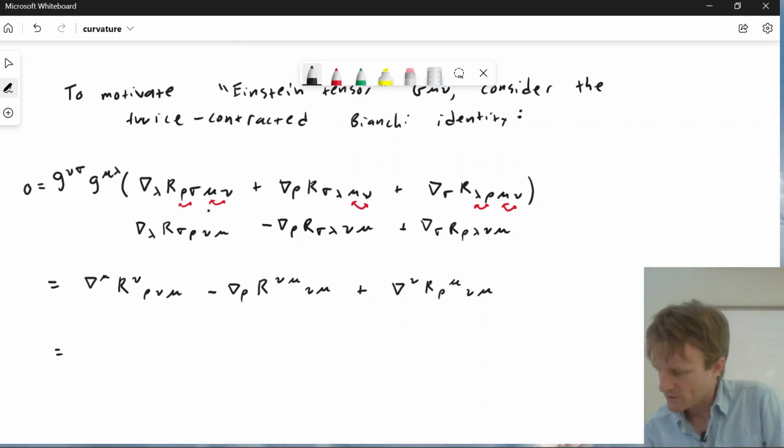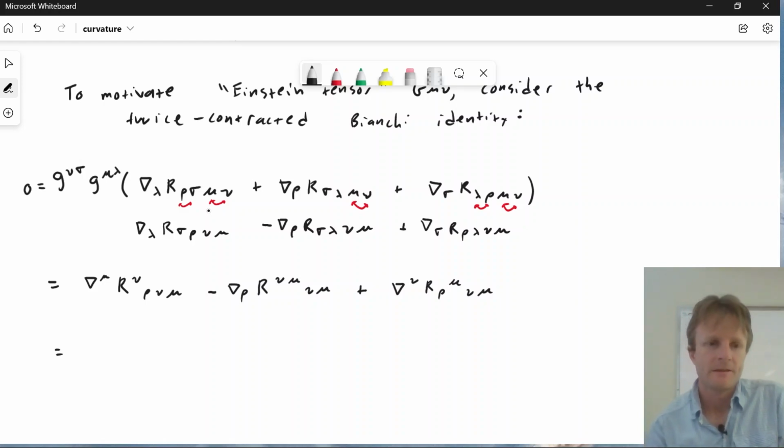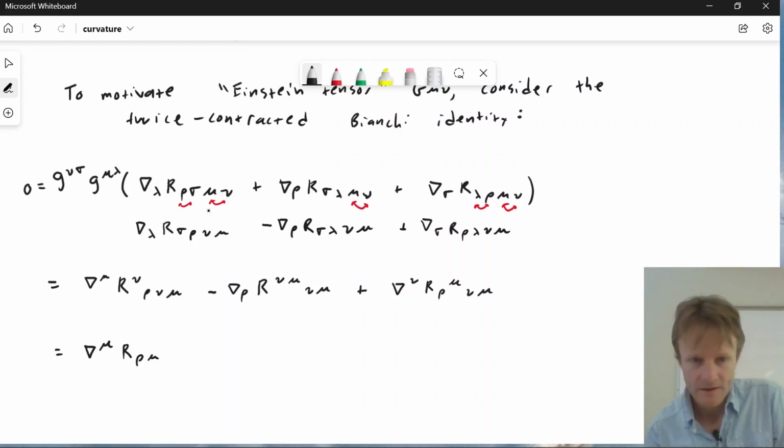I'm a little confused why I would want to swap these, but anyway, I think I did this right. So this term is in the exact form of the Ricci tensor. This is del upper mu R lower rho mu. This term is the fully contracted one.